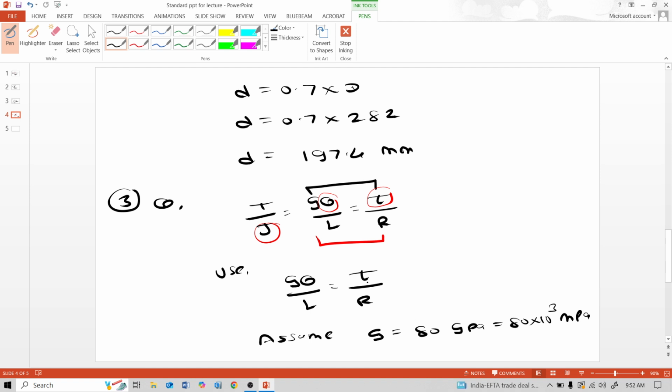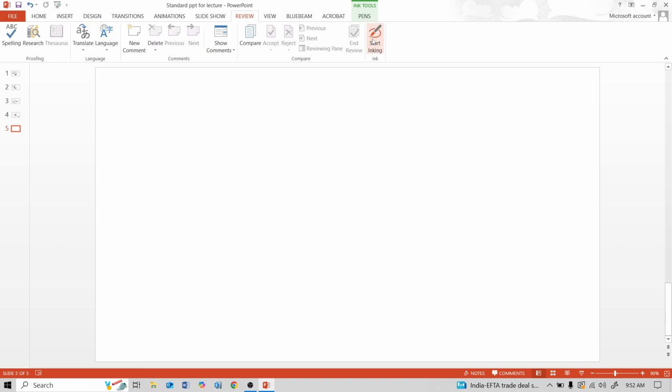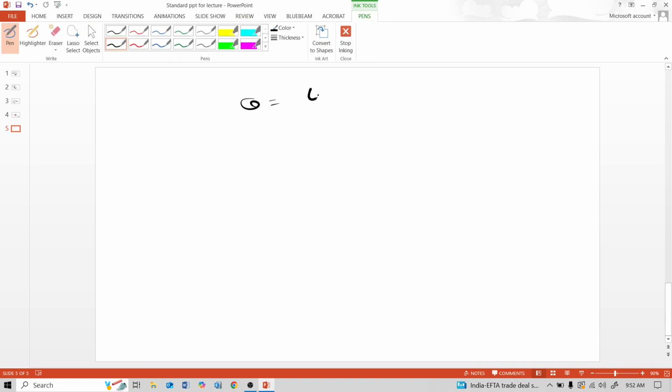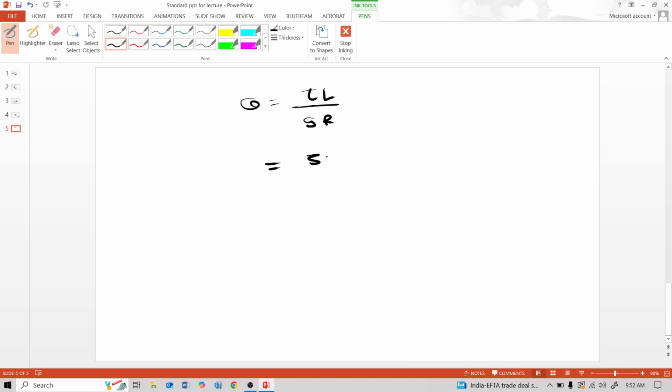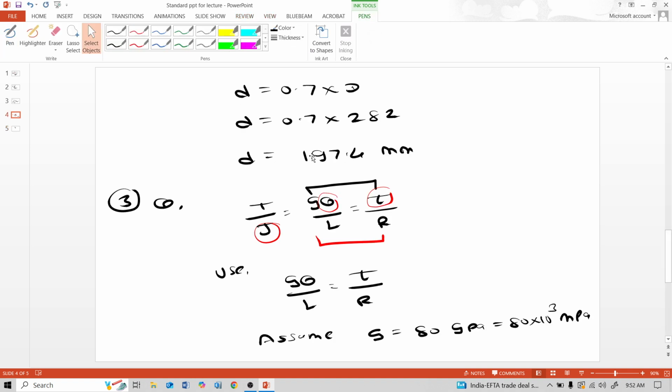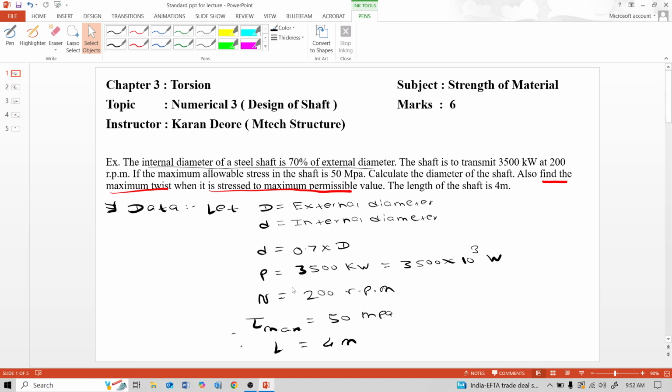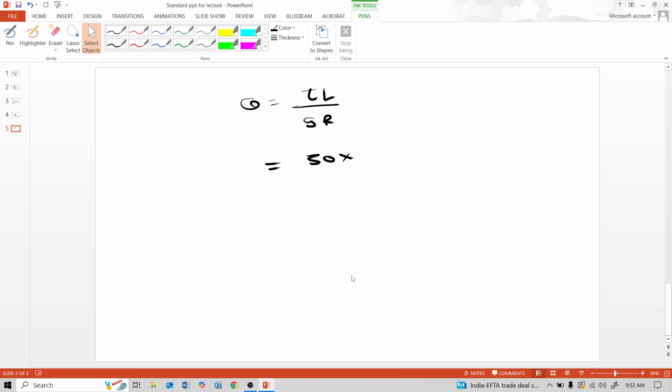So theta is equal to tau L upon G R. Tau is maximum, 50 Newton per mm square or 50 MPa.